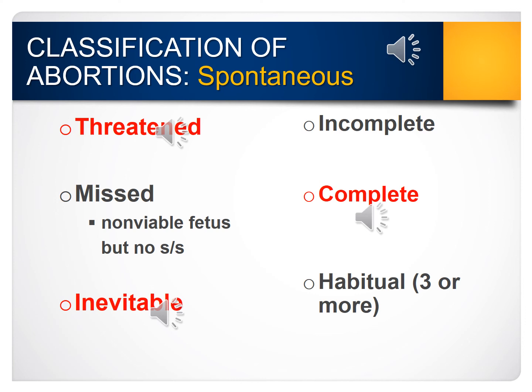With an inevitable AB, a D and C, which is the dilatation and curettage, where we would dilate the cervix and then remove the remaining products of conception, may be an option for some women. Other women may choose to allow the body to expel the loss on its own.